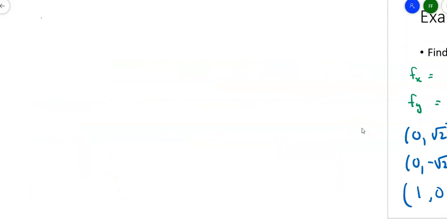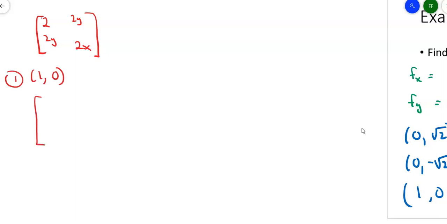So our Hessian matrix was 2, 2y, 2y, 2x. So the first thing is, let's evaluate this when x is equal to 1 and y is equal to 0. When x is equal to 1, y is equal to 0, I get 2, 0, 0, 2.